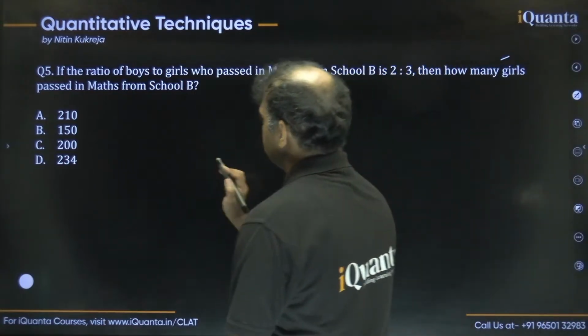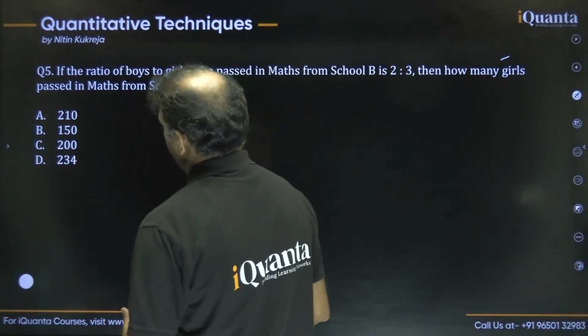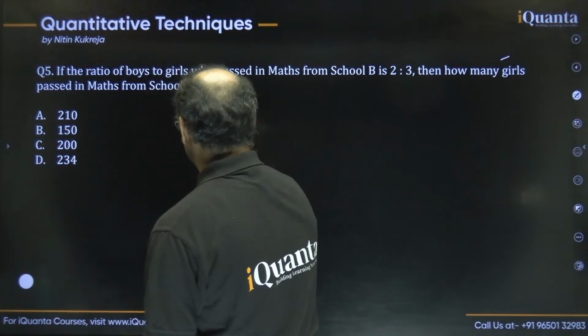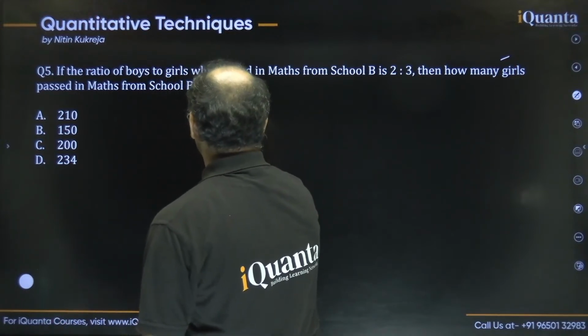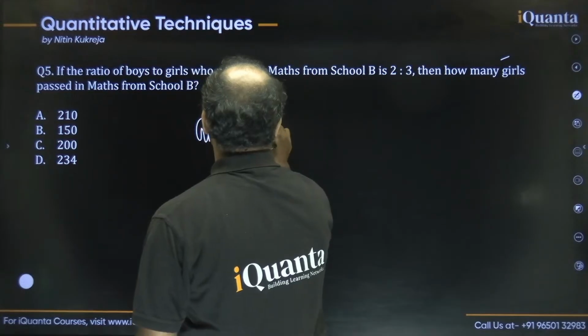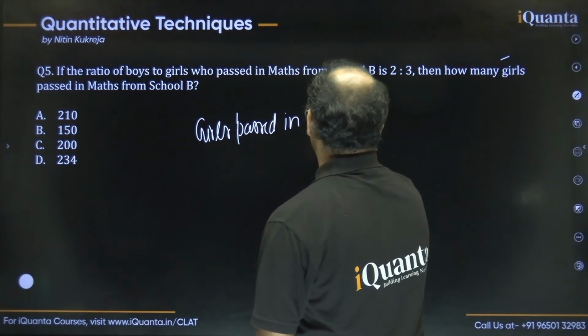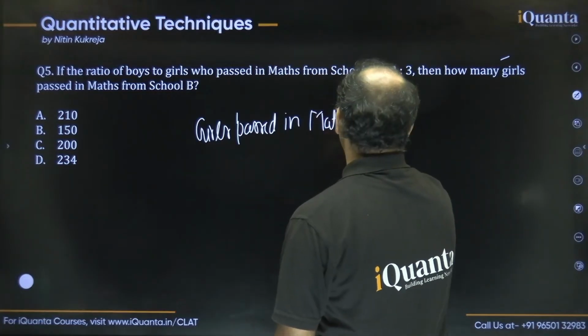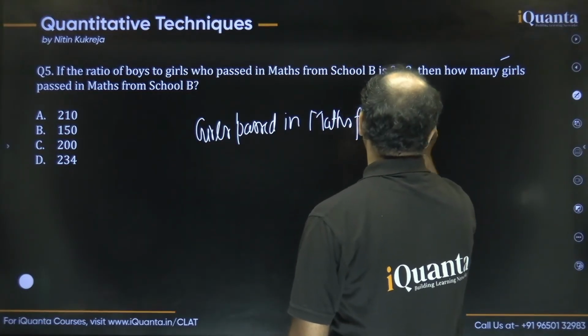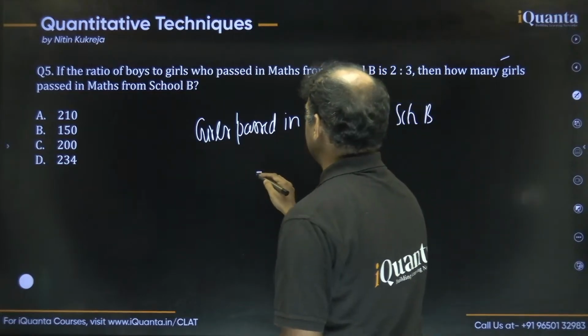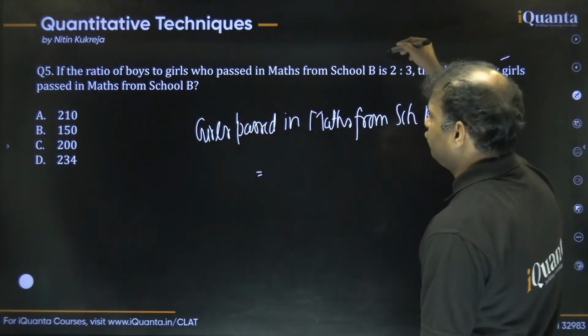Okay, so either we can do it directly, the number of girls passed in maths from school B. Okay, so what is the ratio, guys, of boys and girls? It is 2:3, right?